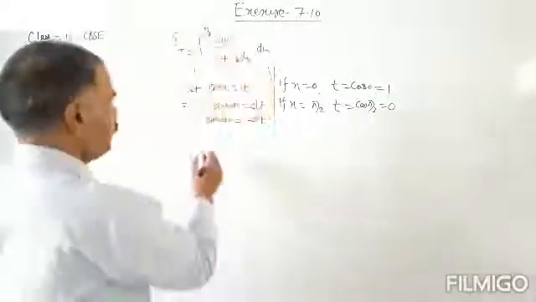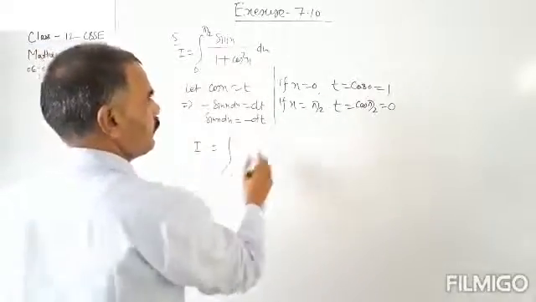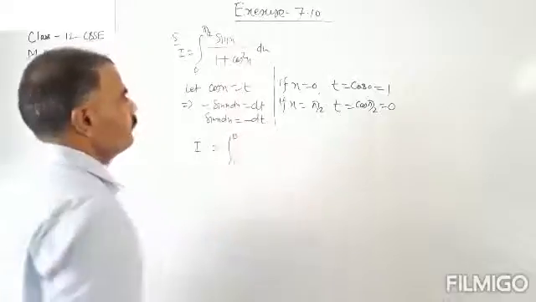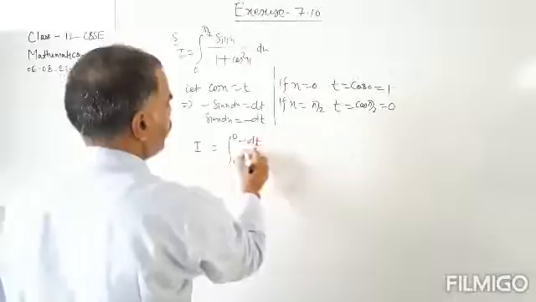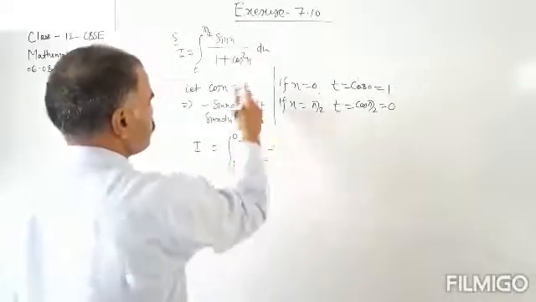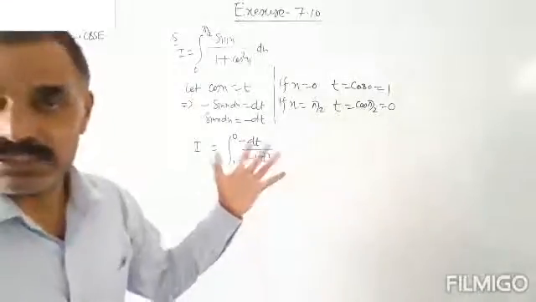Okay, so the new integration I is equals to the limit varying from 1 to 0, sin x dx is equals to minus dt upon 1 plus cos square x, that is t square.